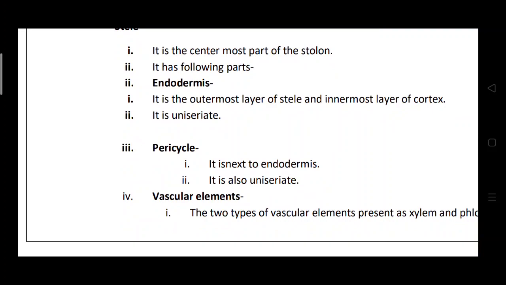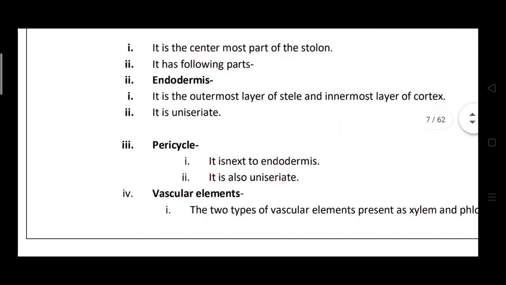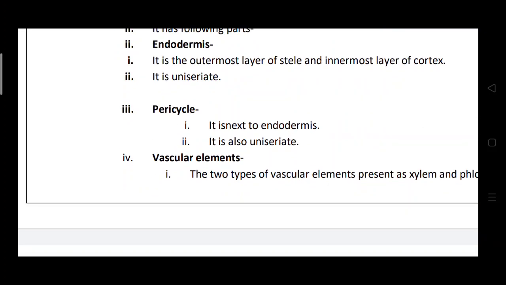The endodermis is the outermost layer of the stele and the innermost layer of the cortex, and this layer is uniseriate, that means it is a single layer. Then after this endodermis there is the pericycle. The pericycle is present next to the endodermis and it is also uniseriate, that means a single layer.